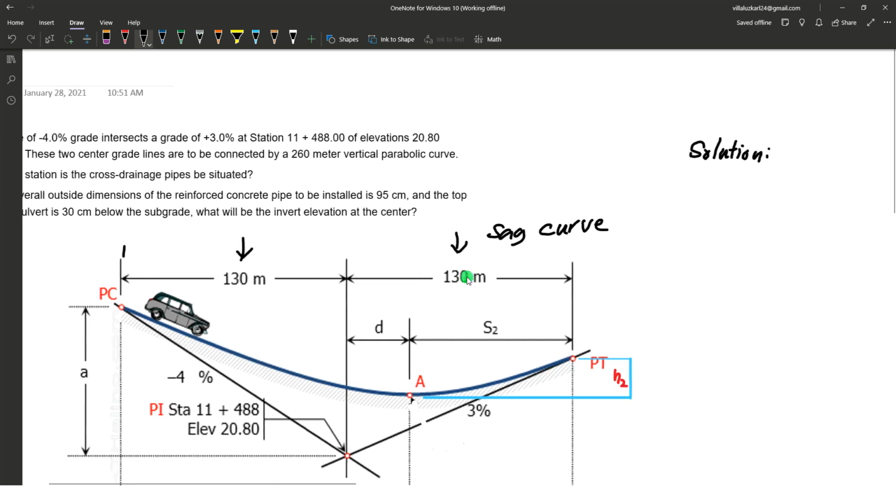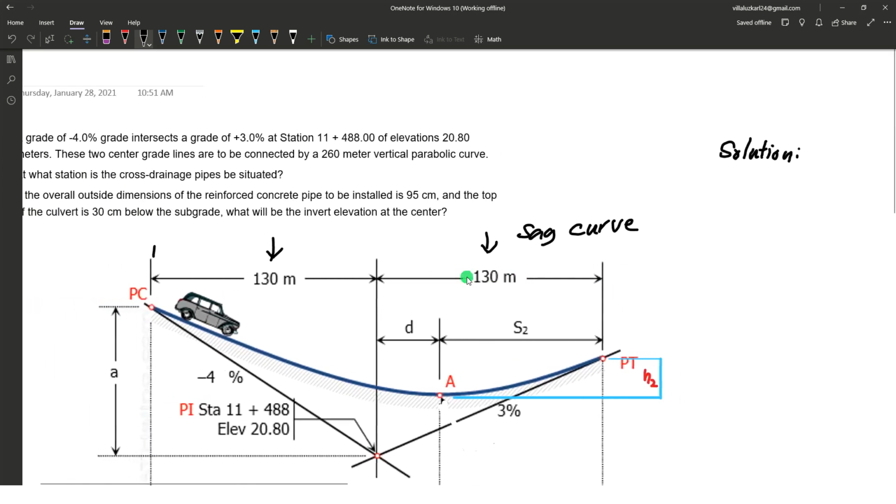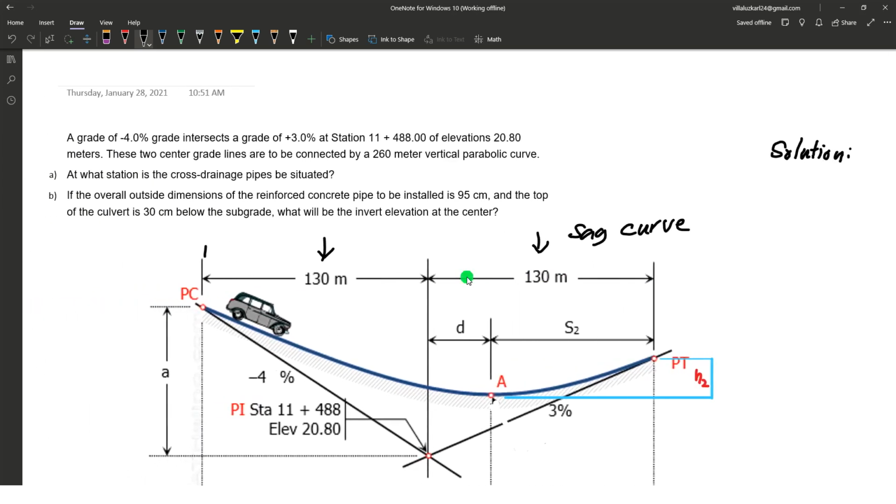That's why we are required here to determine the lowest point on the curve. We assume that it is right here, but we can prove it, because we can compute that using the formula. So let's use the formula.